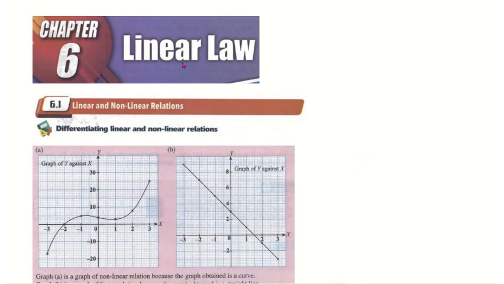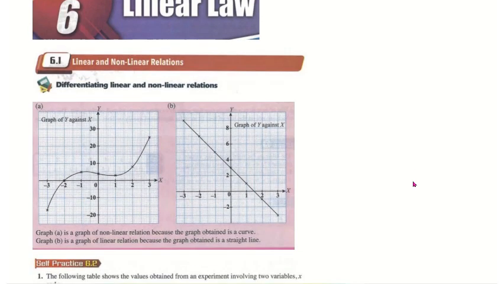Okay, what is meant by linear law? Linear is an equation for an unknown that has a power of 1, not power of 2, not power of 3, not power of 1 over 2, or anything other than power 1.